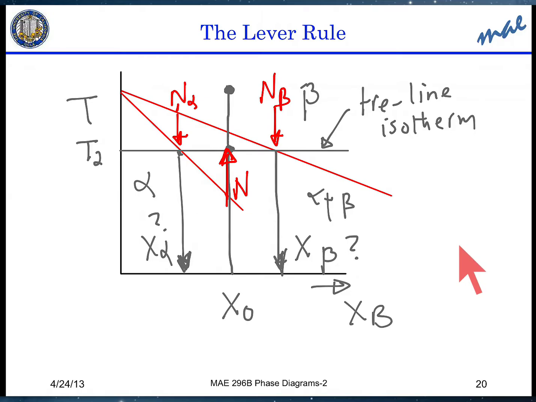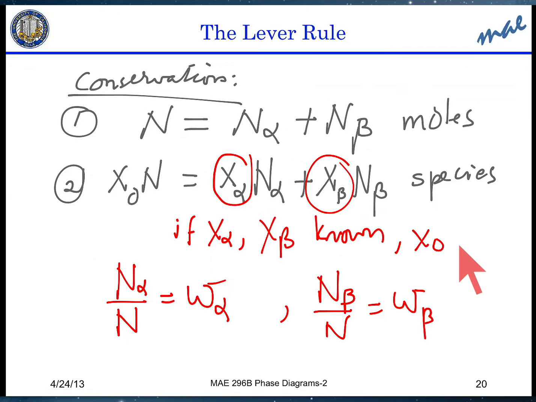And in between them, this looks like a teeter-totter or a lever. So that's why it's called the lever rule. This N is balancing N alpha and N beta. So the balance N equals N alpha plus N beta is actually the first equation here.